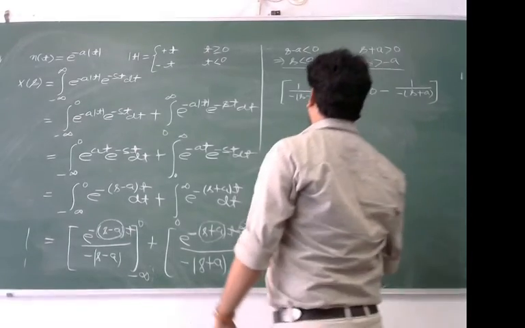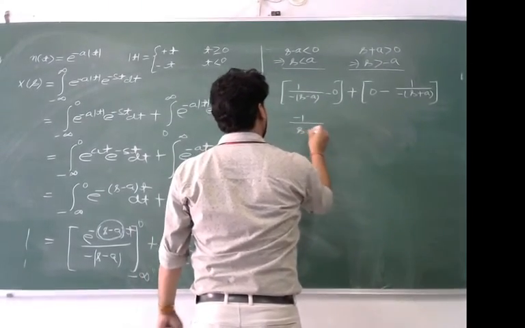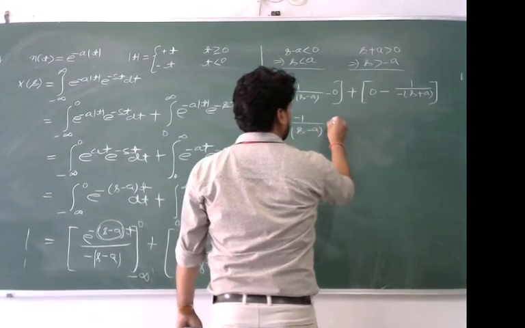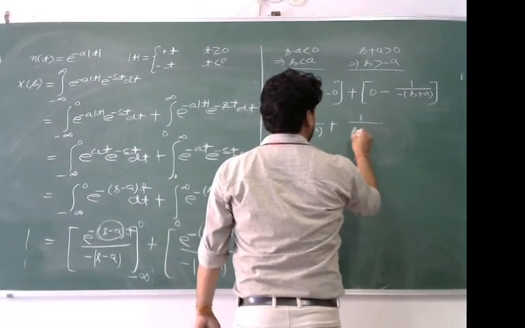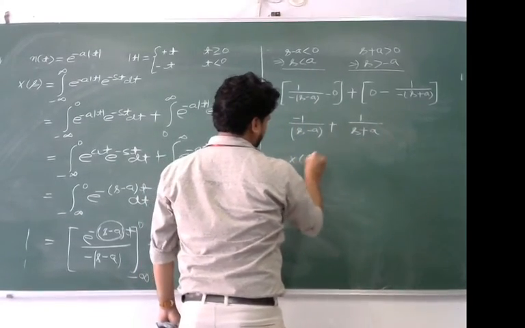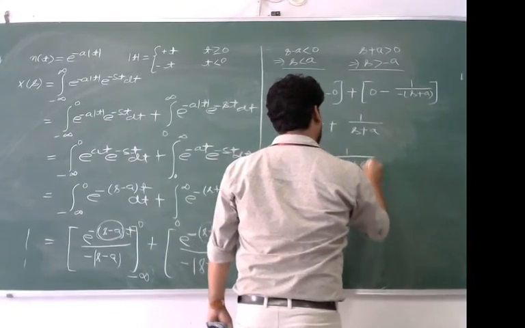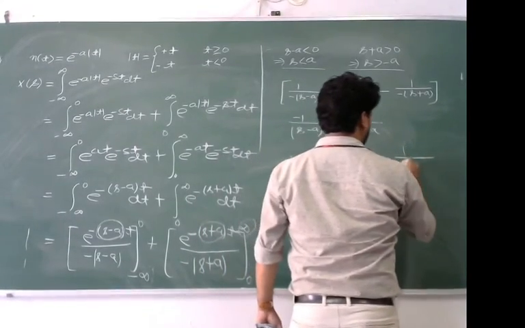So this will be written as 1 upon minus 1 upon s minus a plus 1 upon s plus a, or we can say that X of s will be equal to 1 upon s plus a minus 1 upon s minus a.